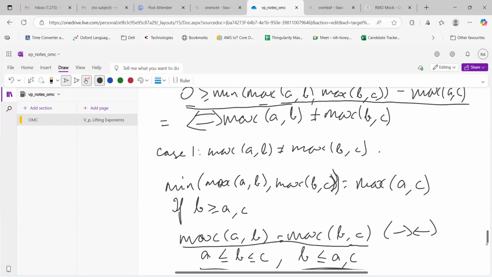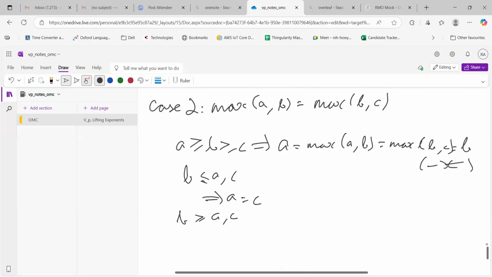Okay, great. This gives us 0 is greater than or equal to B minus max of A comma C. Now, can you try to show that this thing is less than or equal to 0, with some above property?